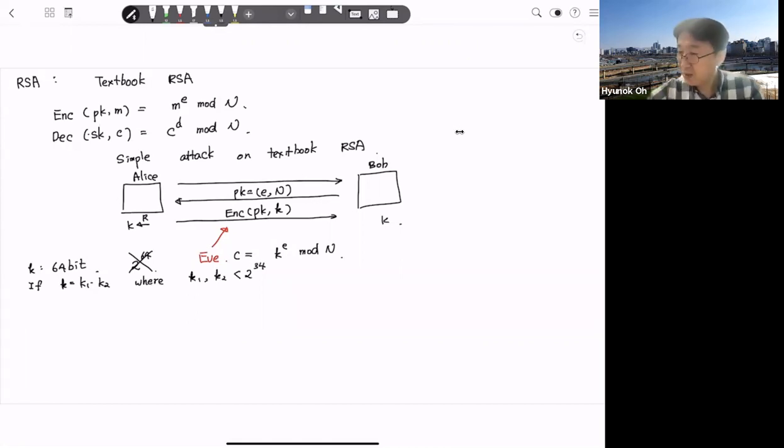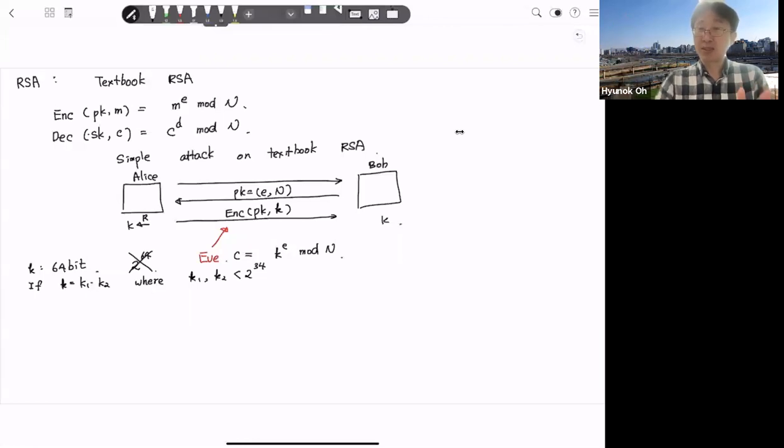If K1 and K2 are around 2 to the 32, one value will be a little bit smaller and the other a little bit larger, but the largest one is less than 2 to the 34.